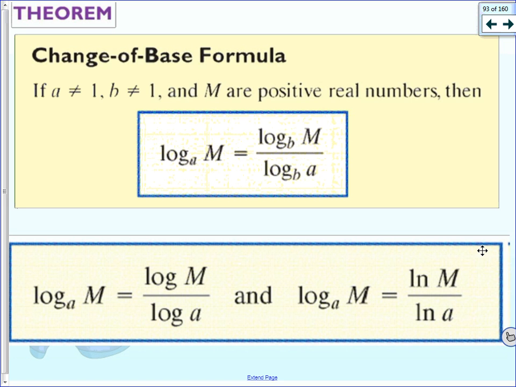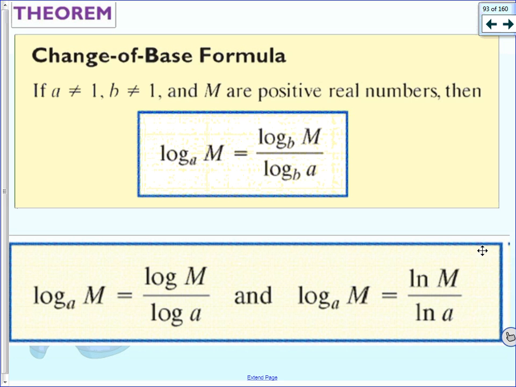So it's kind of magical. If you have log base a of m, you can change the base of that to log base b, where b is any base you want that's not negative, not 0 or 1.